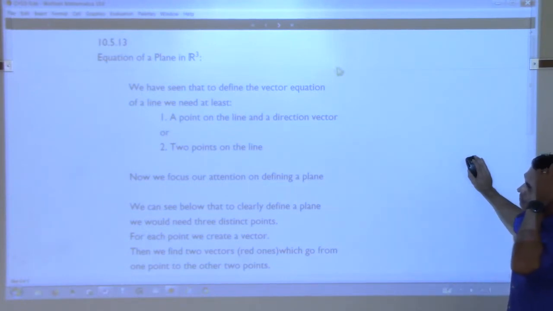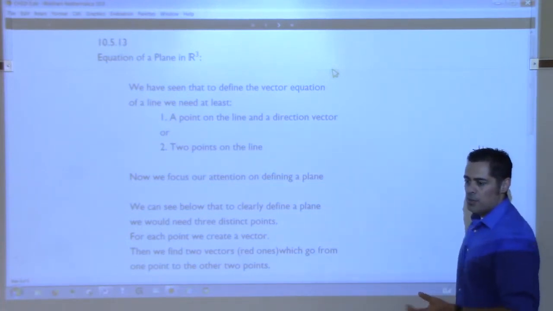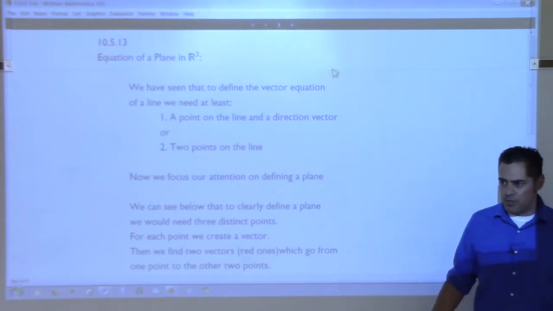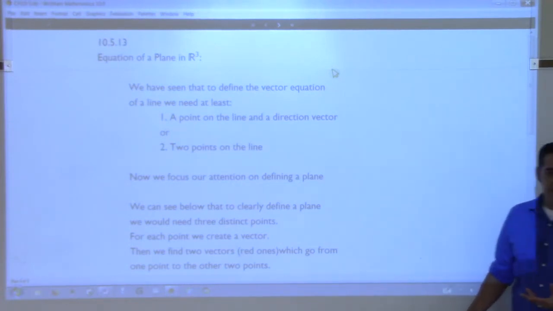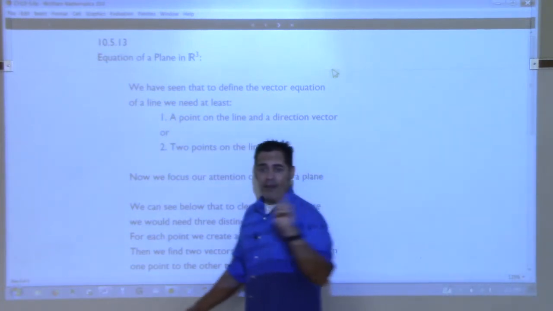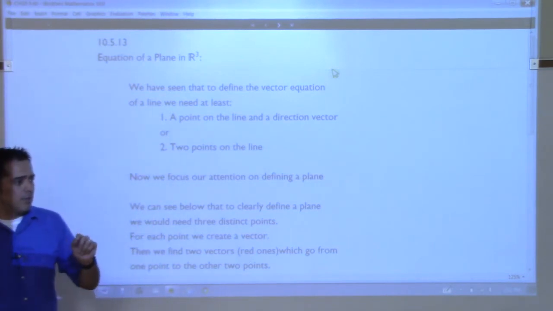So before we even get into it, let's just make sure we all understand what you need to define a plane. So we know you need 2 points to define a line. What do you need to define a plane in three-dimensional space? 3 points, 3 distinct points, right? So as long as you have 3 points that are not all laying on top of each other, then there is only one plane through those 3 points.